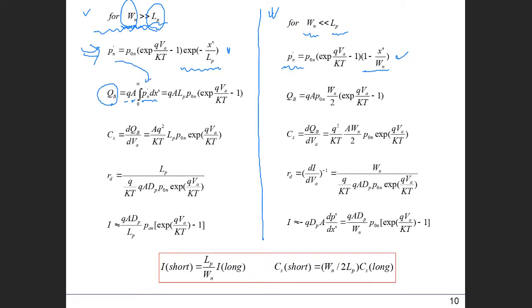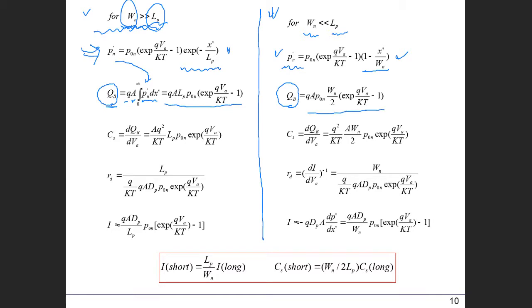Then from there we can obtain the total number of charges stored in the neutral region. This side is also QB. We can integrate the same way using this excess hole, then we get this result.